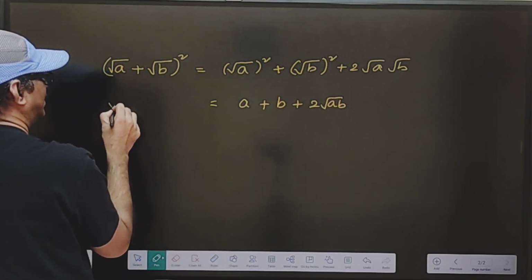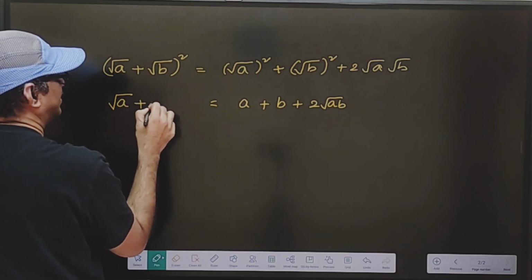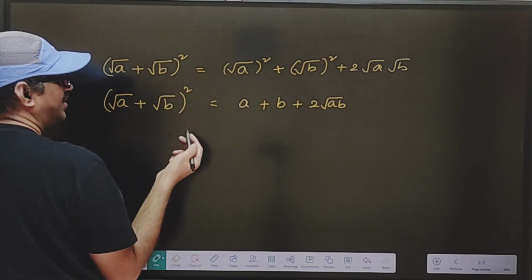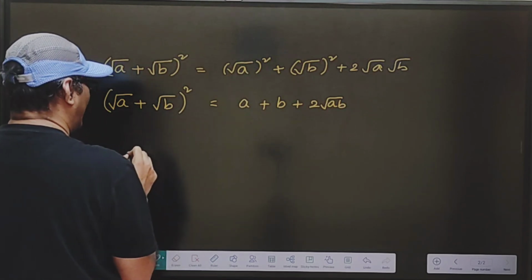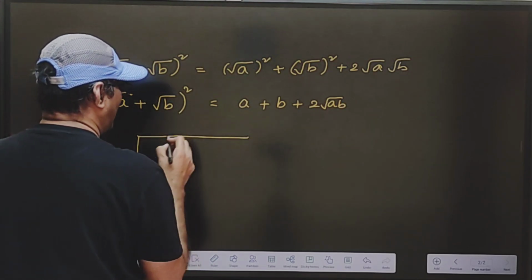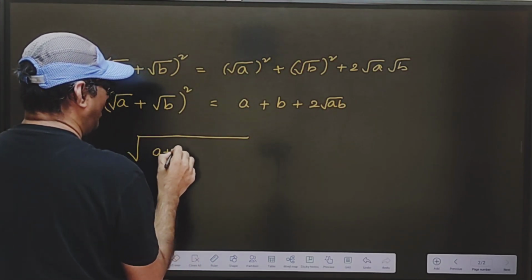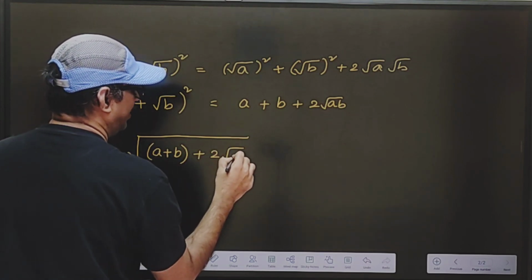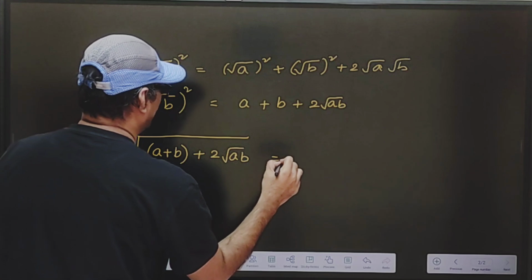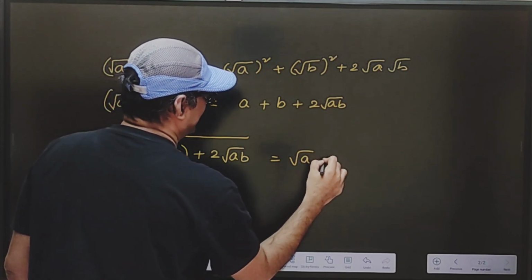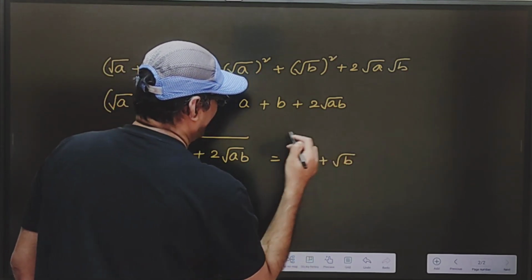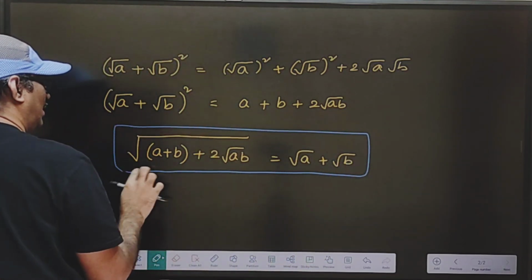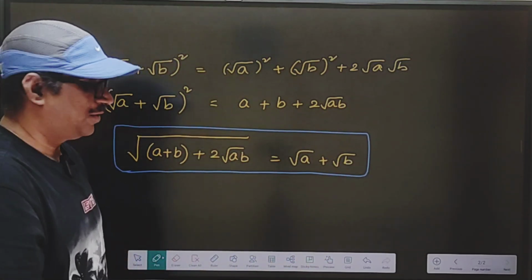Now that is equals to root a plus root b whole square. Now if I take square root on both sides, can I write down that square root of a plus b plus 2 root ab is equals to root of a plus root of b. Now this is the concept what we are going to use in our particular problem.